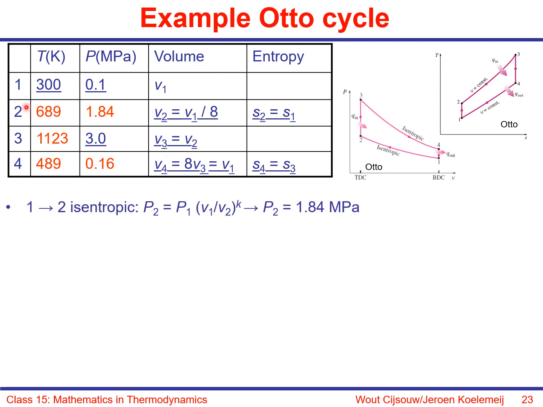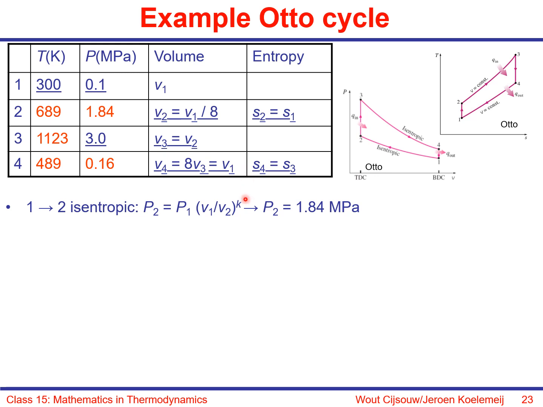So first of all, when we look at this process from going from 1 to 2, that's this part here. This is an isentropic process, and we can again look at these isentropic relations. As a matter of fact, this one here is one form of the third isentropic relation.